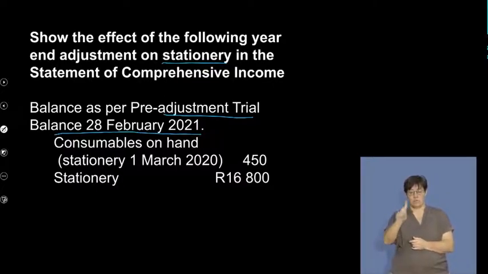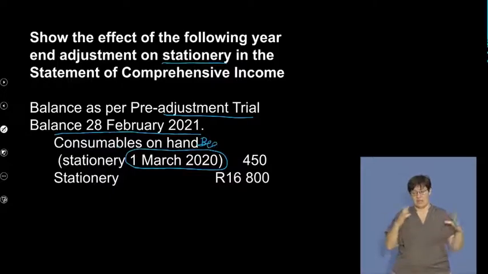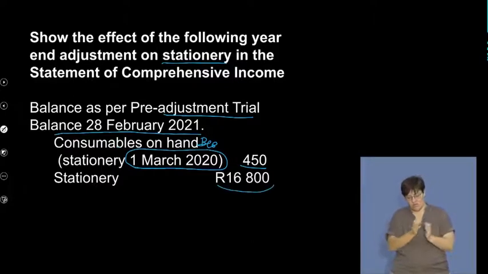Then I've got consumables on hand, stationery, 1st of March 2020, so obviously at the beginning of the year, there is stationery on hand, 450 Rand. Then stationery that was purchased in this financial year, an amount of 16,800.